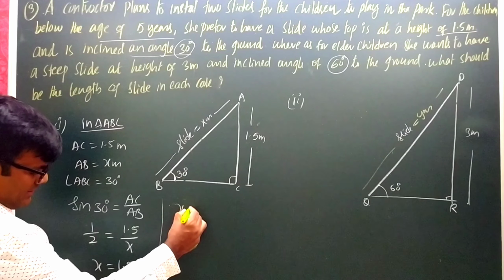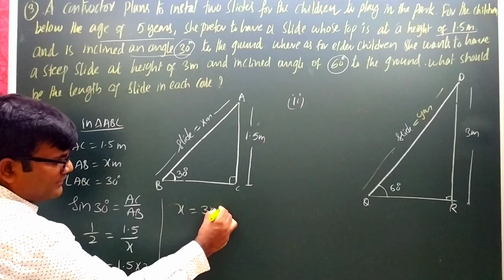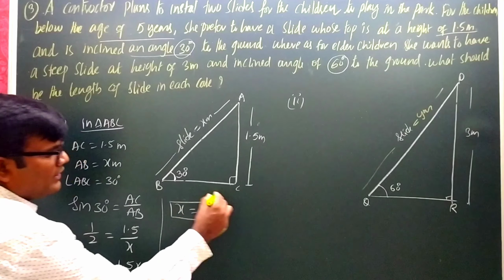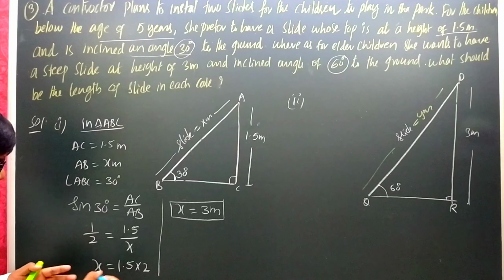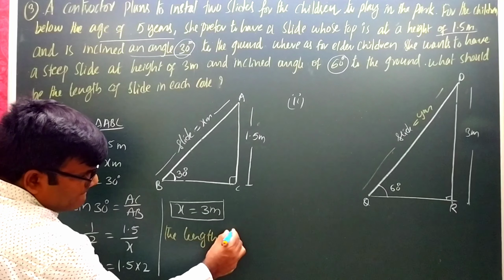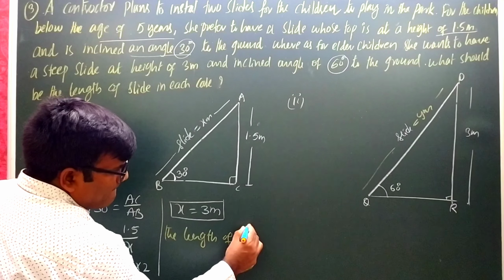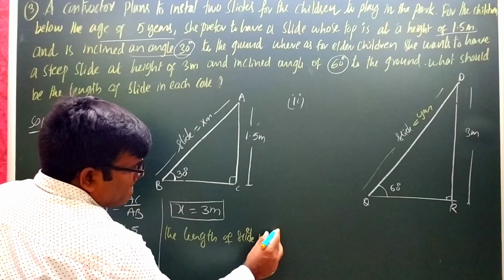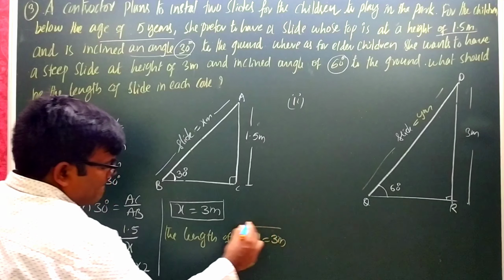Therefore x equals 3 meters. So the length of slide 1 is 3 meters.